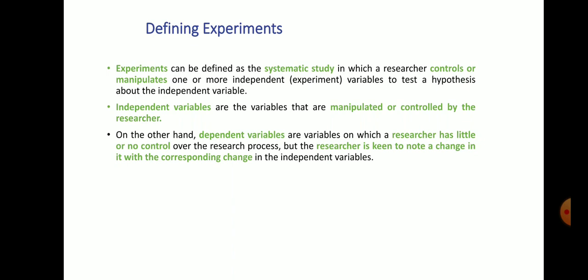On the other hand, dependent variables are those variables wherein the researcher has little or no control, like customer satisfaction, customer retention, a perceived loneliness of an individual. And that is why the researcher is very keen to note the change that takes place in the dependent variable in the context of the independent variable.